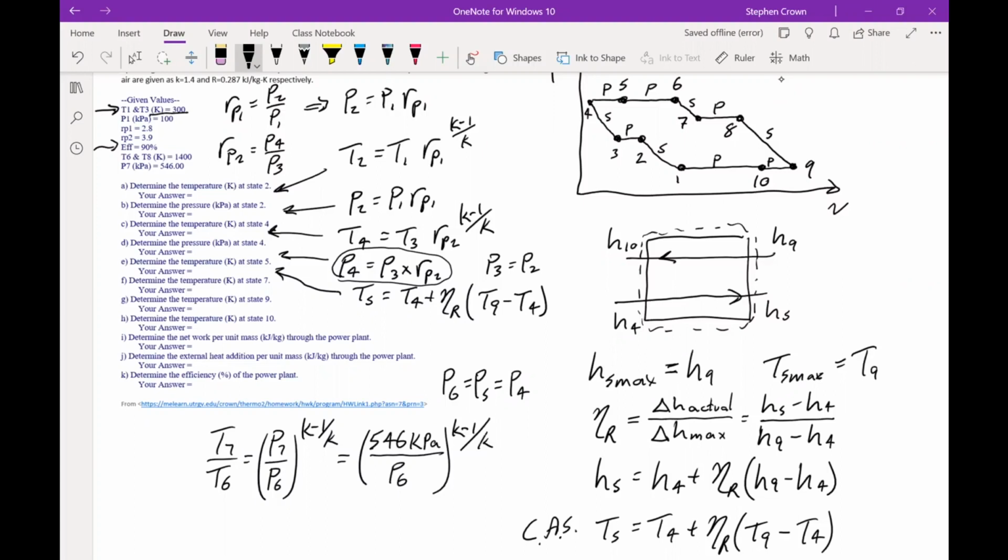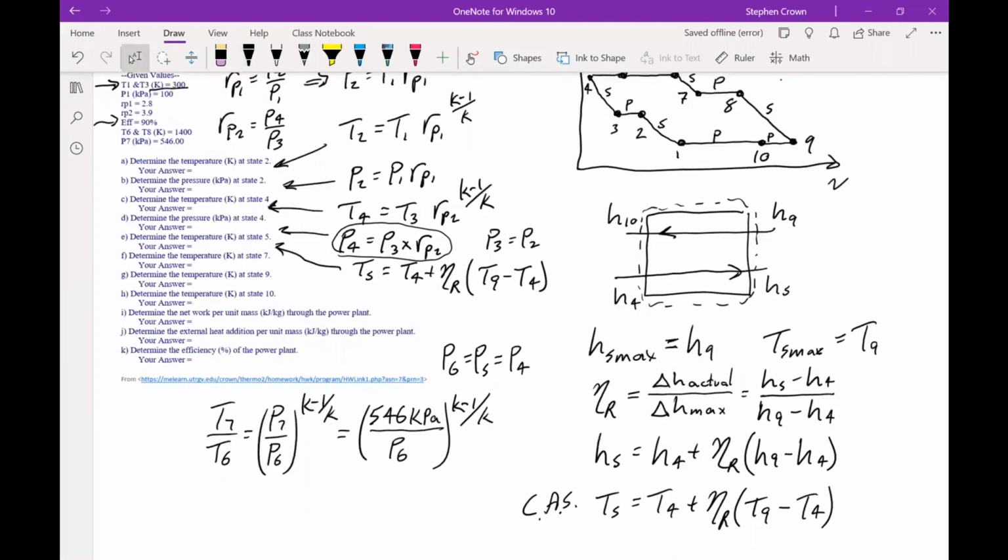Now I have pressure 7 is given. So pressure 8 equals pressure 7. And we can just put that equation in here.